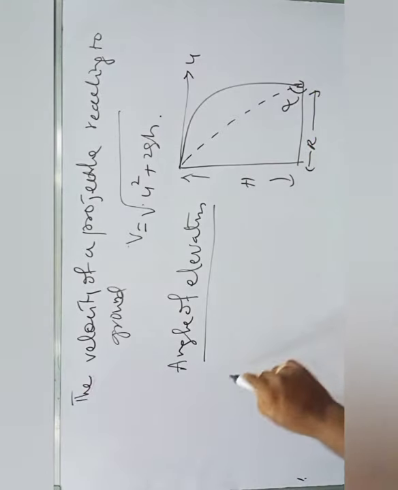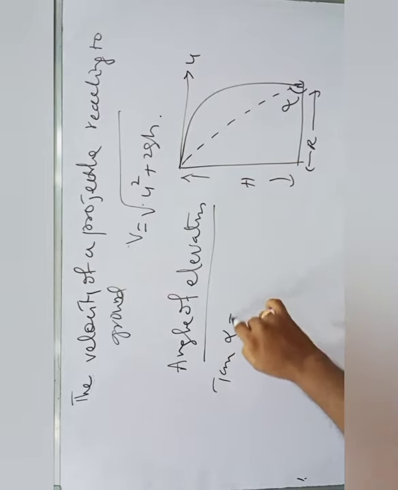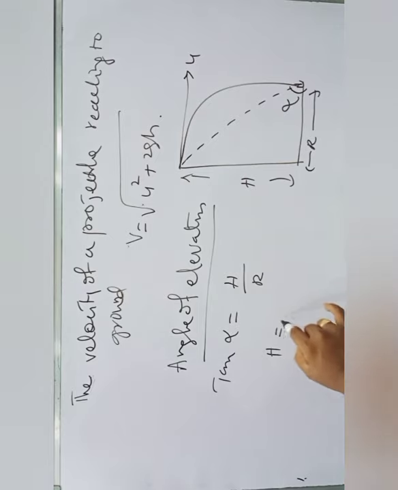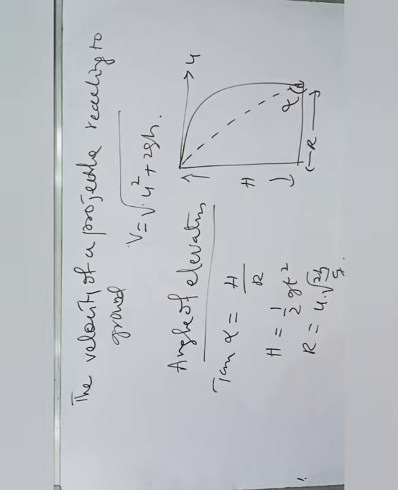From the diagram, tan alpha is equal to opposite by adjacent, where h is equal to half gt square. By using s is equal to ut plus half at square, then R is equal to u into root over 2h by g.